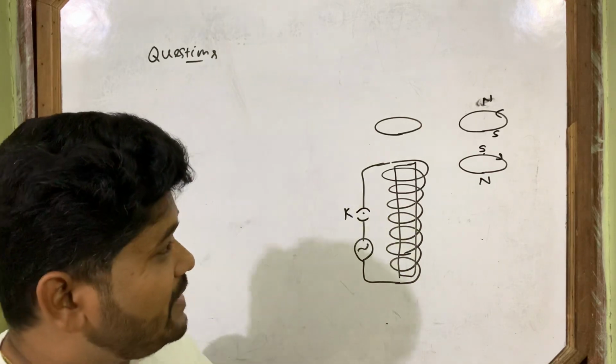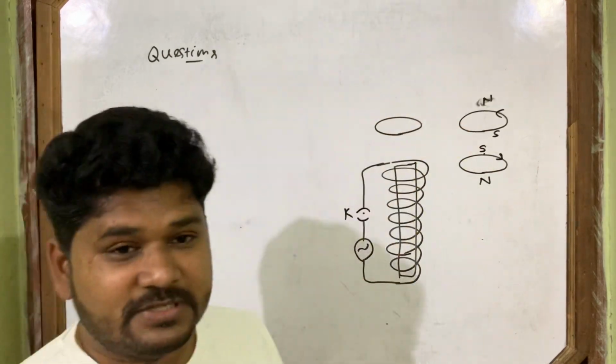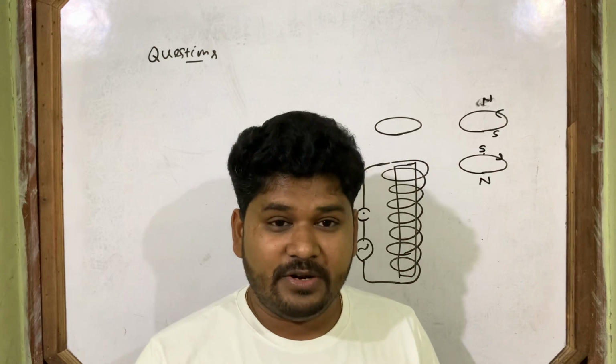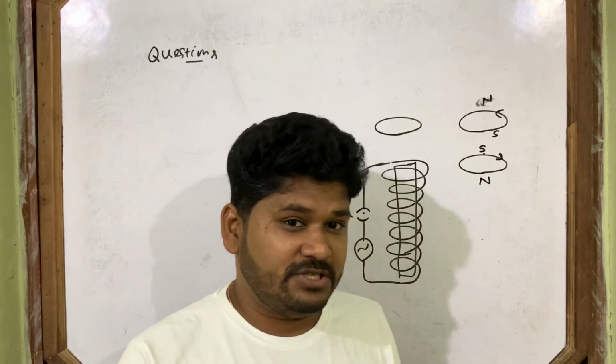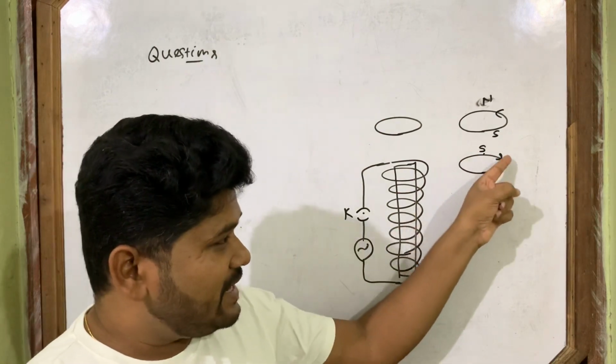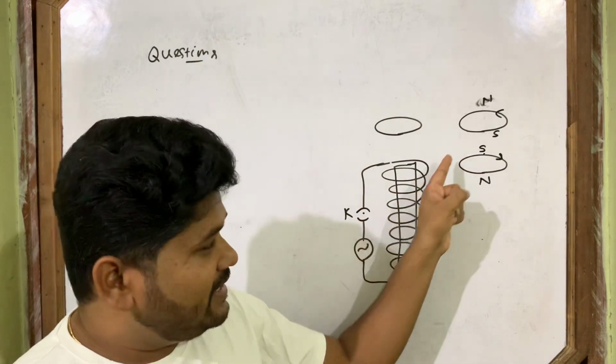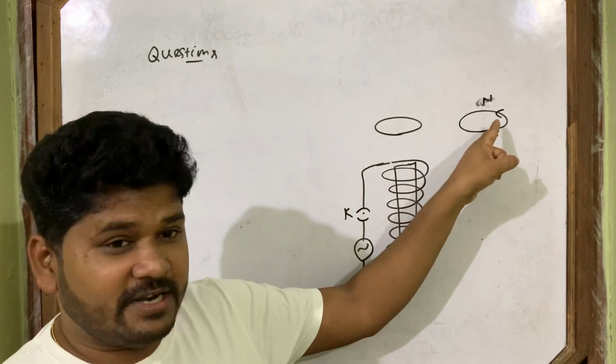The upper part will be the north pole, the lower part will be the south pole, because in the opposite sense current will pass. According to Lenz's law, increasing means opposite. If here the current passes in clockwise direction, here the current passes anti-clockwise.